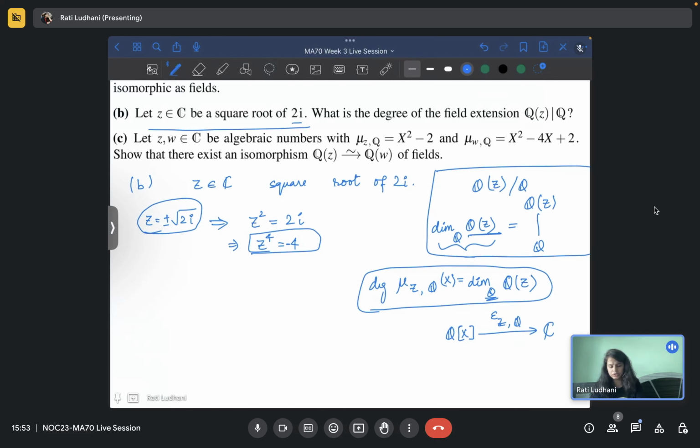Of course, degree 1 is not a possibility because z does not belong to Q. If there is a polynomial of degree 1, that should be the polynomial, so that means this has to belong to Q[x], but z does not belong to Q, so degree 1 is not a possibility. But let's see whether 2 or 3 could be there or not.